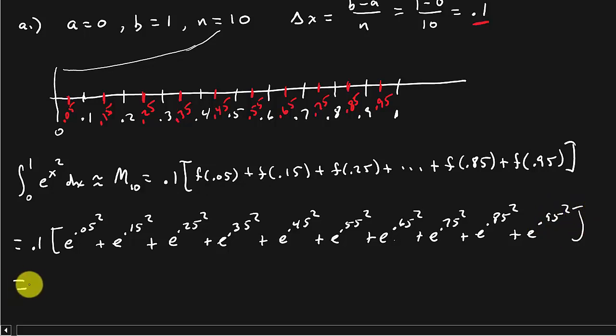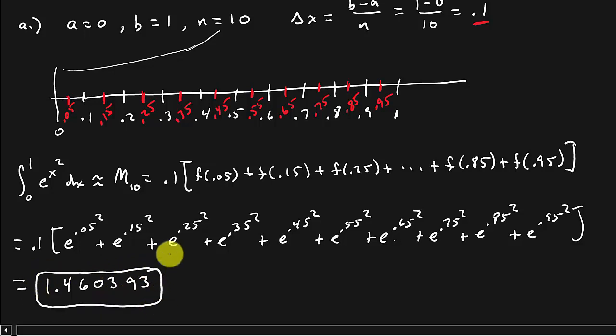And then, yes, you have to plug all that into your calculator, and when you do that, you get 1.460393, and there's your answer. All right, so that's using the midpoint rule.